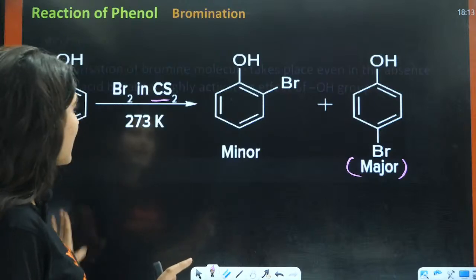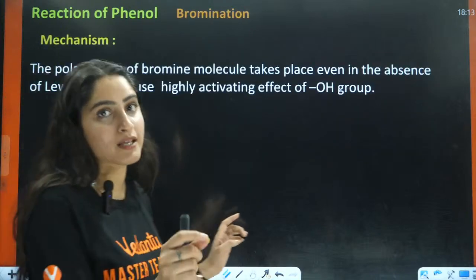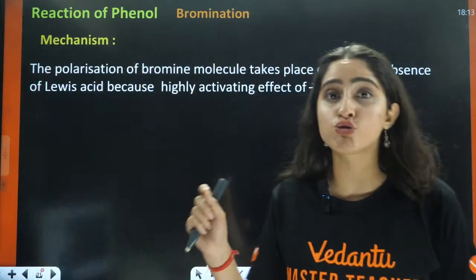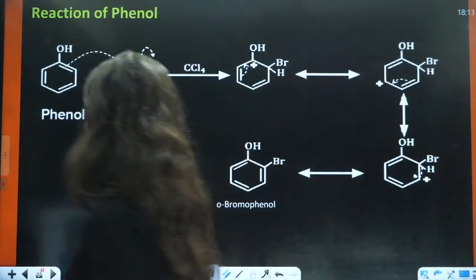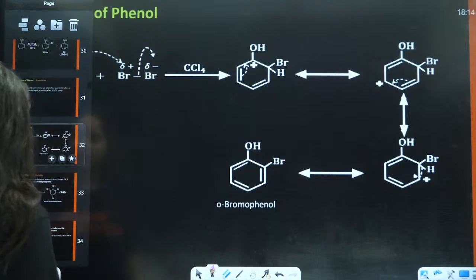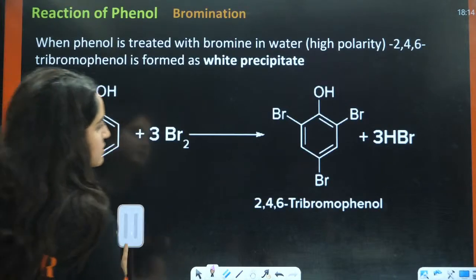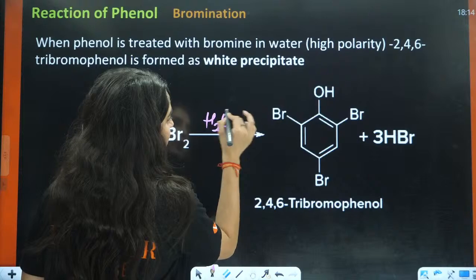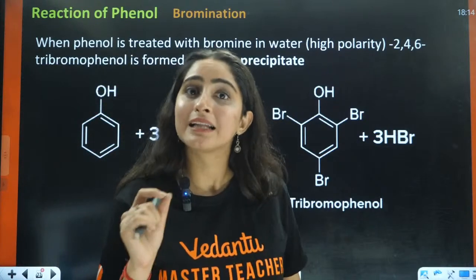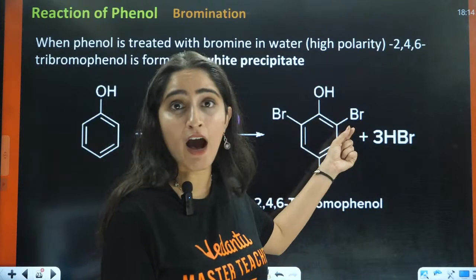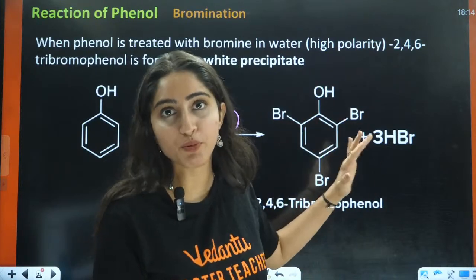But what will happen if the same thing is done in the presence of a polar protic solvent, such as water? In that case, you will have one product in which bromine is placed at the ortho and para positions.